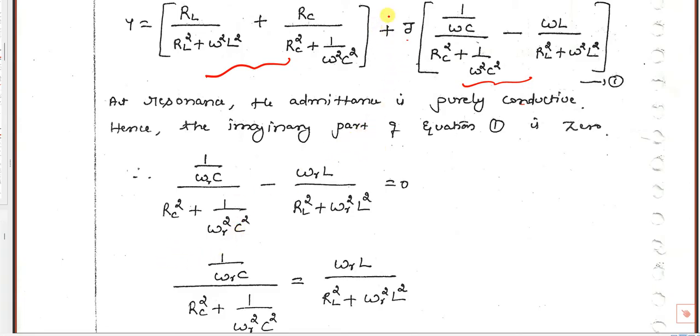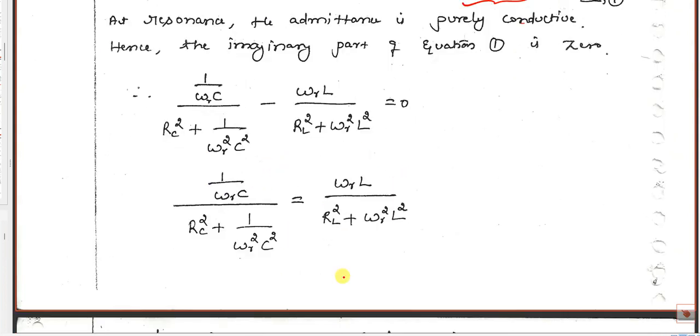So wherever omega is there, you write omega r: 1 by omega r C by RC square plus omega r square C squared minus omega r L by RL square plus omega r square L square. If you equate this, bring the minus to the right side. Then look carefully.